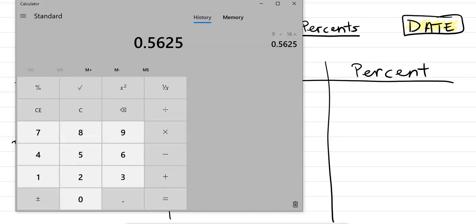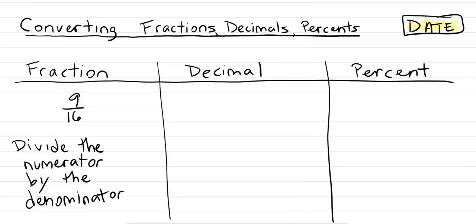So when I divide 9 divided by 16, I get 0.5625. So that turned that fraction into the decimal, just by dividing there.